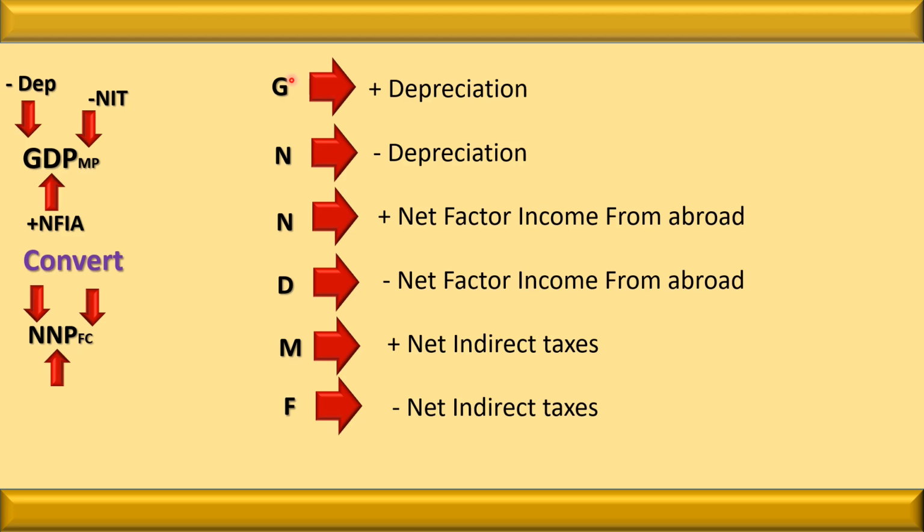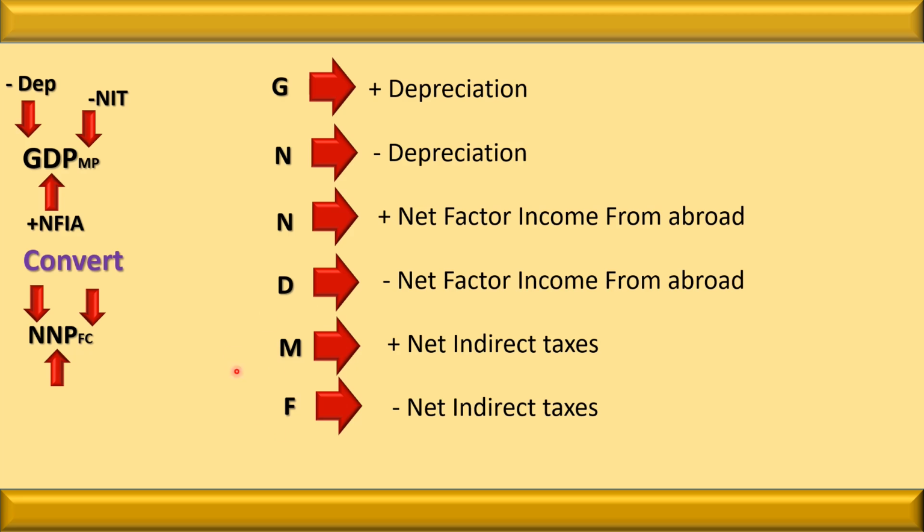G means gross, N means net. For the first pair, we have to add depreciation or deduct depreciation. Second pair, national and domestic. What do we have to do? Either we have to add net factor income from abroad, or deduct net factor income from abroad. Net factor income from abroad means factor income from abroad minus factor income to abroad.